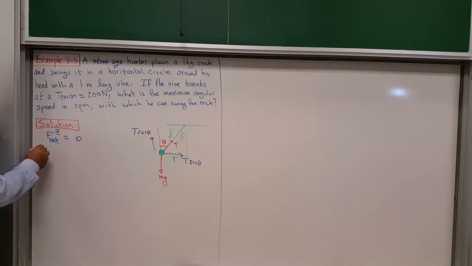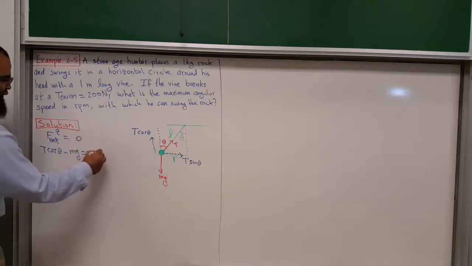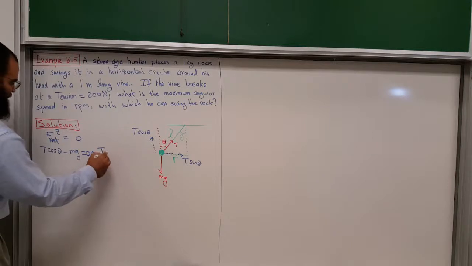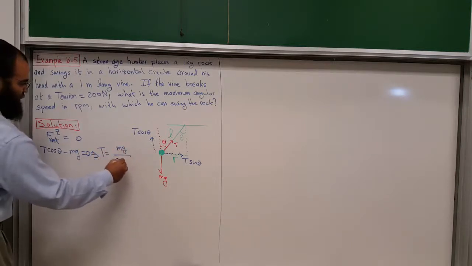You have two forces: T cosine theta minus mg equals 0, T cosine theta upward and mg downward. Therefore the tension equals mg over the cosine of theta.